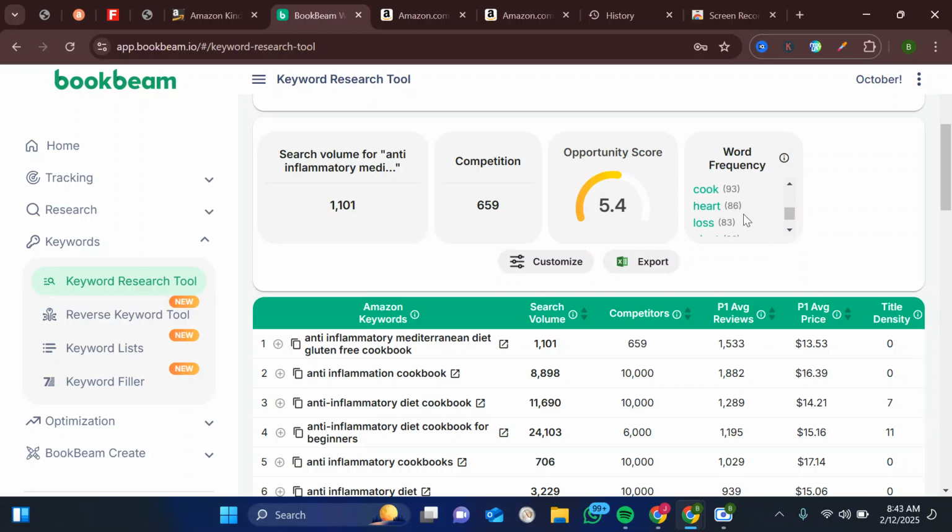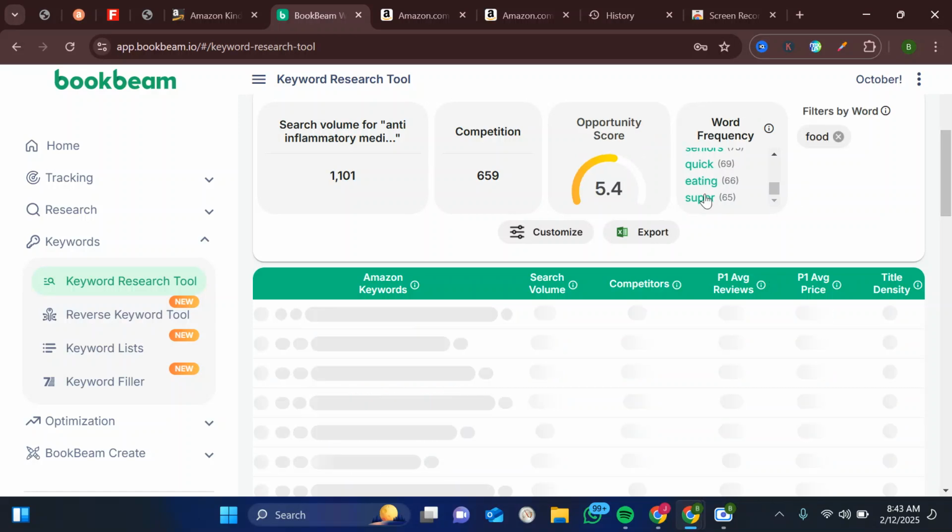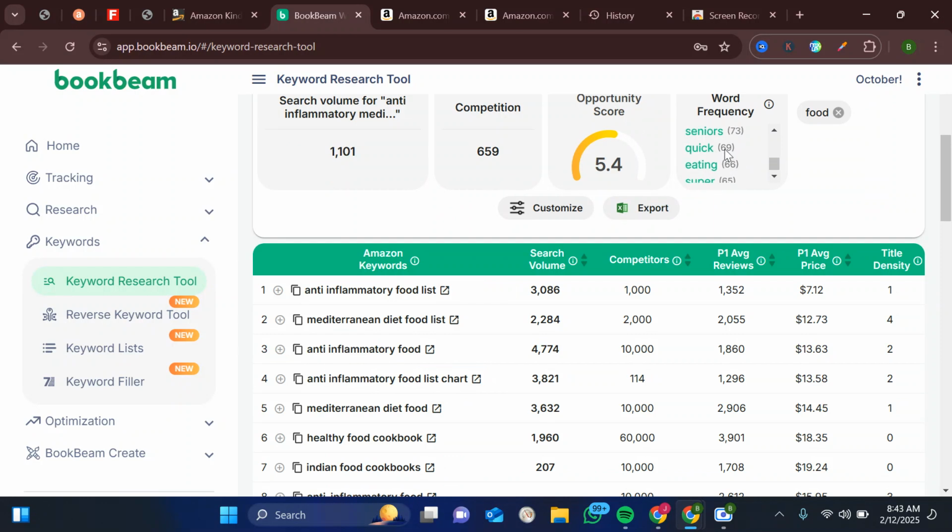Okay, so let's go for food. You can select more than one, and to make it easier, let's select more than one. This is an example. Anti-inflammatory food list, 3,000 search volume and 1,000 competitors.